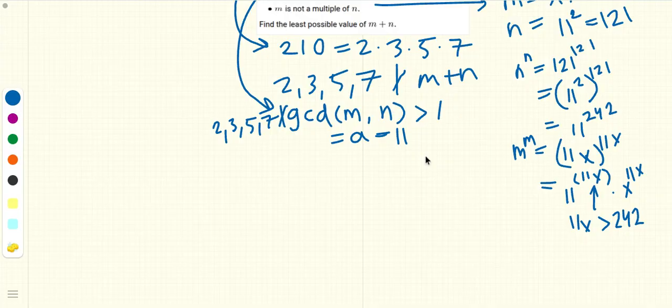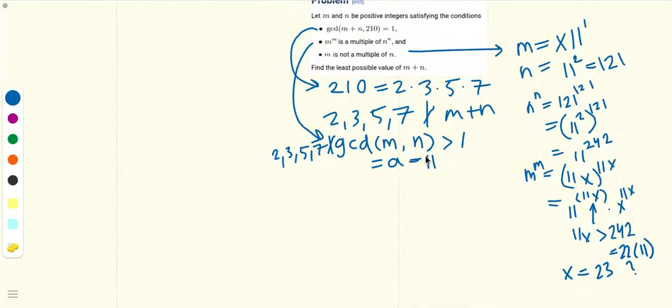Well, we know 242 is 22 times 11. So then that means the next number higher than that is 23. So we're going to start by saying x equals 23. But we're not completely sure if this will work yet. So let's just plug it in and see what happens.